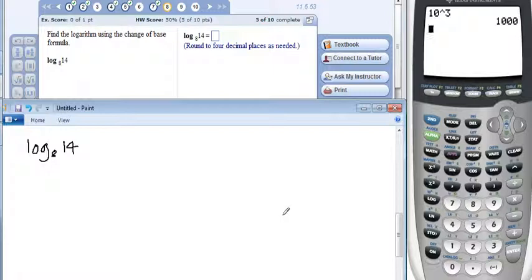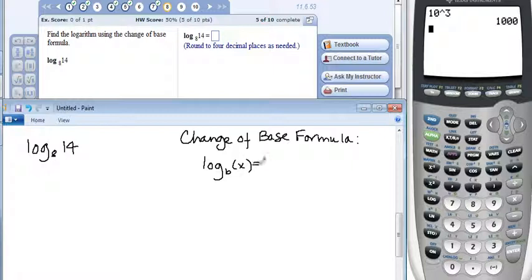So my change of base formula says that if I have a log base b of x, that's the same as the log base 10, or ln, because I have to choose one of those two, that's the only thing that my calculator can do.